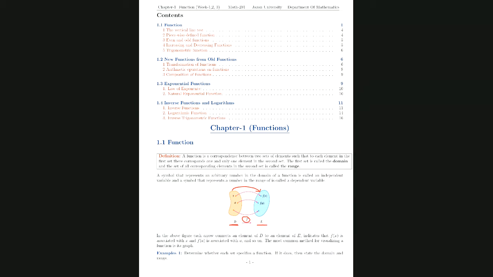If corresponding to all elements of set D, there is only one element of set E, then you say f is a function. Let me write one example here.